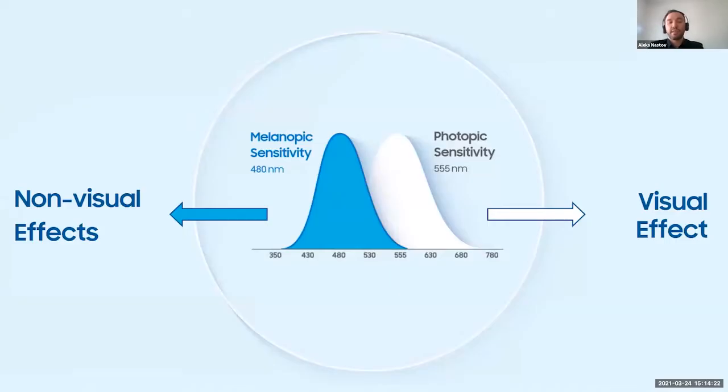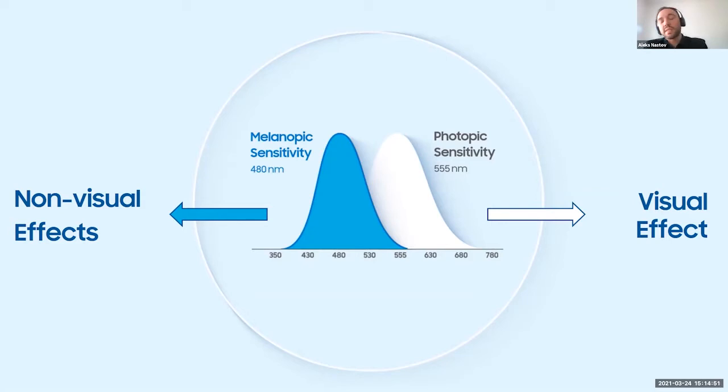Let's first look at light and what the effects of lighting are. We can distinguish two major effects. One is the visual effect, which we measure in lumen, the photopic sensitivity, peaking at 550 nanometers. On the other hand, we also have non-visual effects, which we call the melanopic flux.